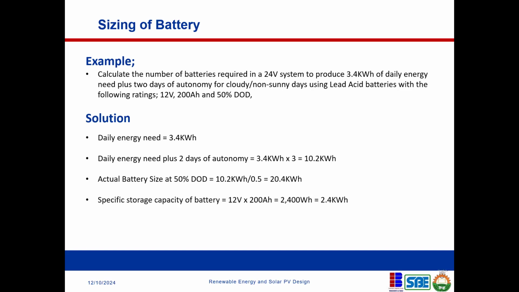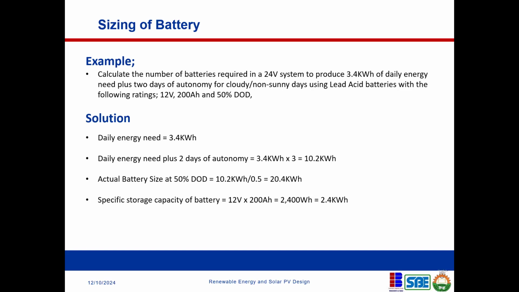So now we want to know the specific storage capacity of one battery. Now, one battery is 12 volts, 200 amp hour. So the energy holding capacity of this battery is the voltage times amp hour, which is 2,400 watt hour or 2.4 kilowatt hour. So one battery will hold 2.4 kilowatt hour.